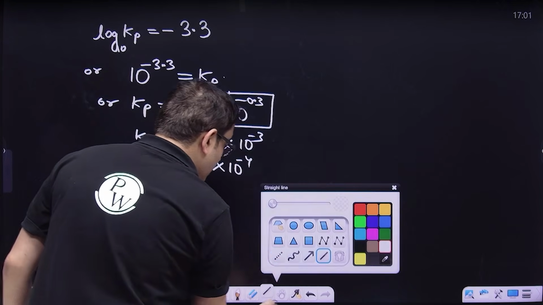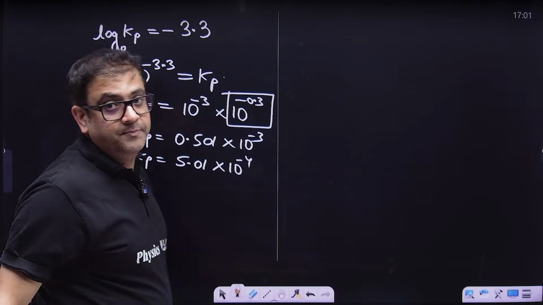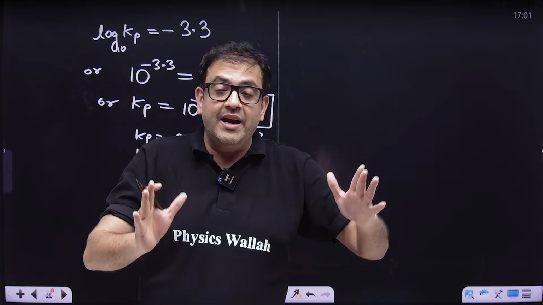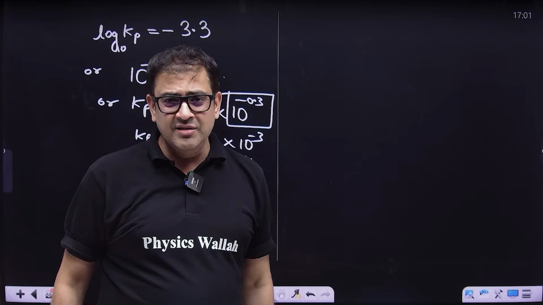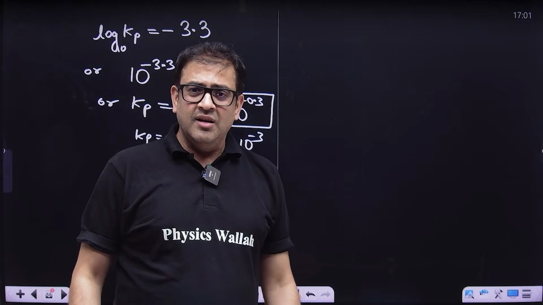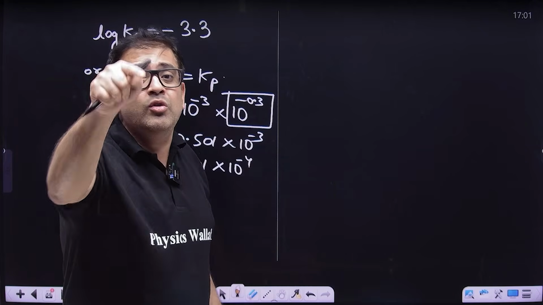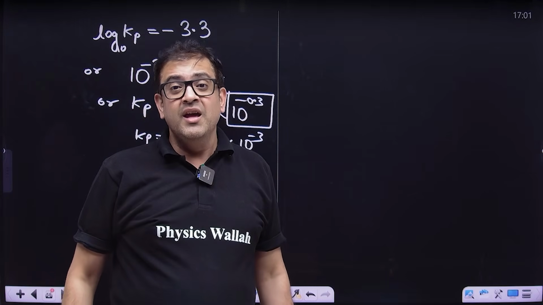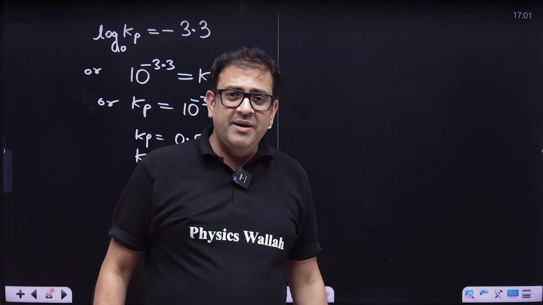Okay, sir. This is, I told you, how they make questions difficult. This is the point where I started my chemical equilibrium. In the intro I started with this. People fear these calculations and say leave such questions. Why are you doing this here, sir? Because I want you to do it back home so that you do not do it first in the paper. If somebody wants to run a 100-meter race, will they practice only 100 meters?